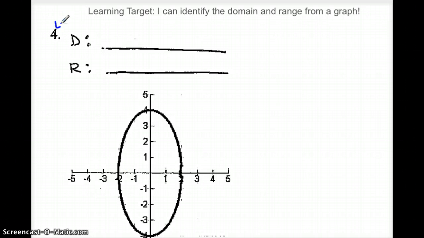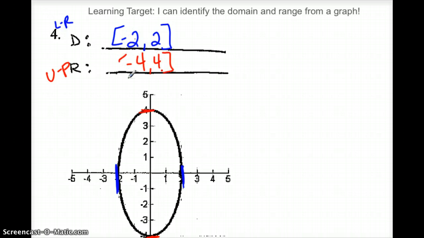Left to right, you're kind of bound between 2 numbers. You never go past -2, and you never go past +2. So that makes up my domain, -2 to 2. The range, looking up and down, you never go below -4, you never go above +4. So that one was actually a nice one.